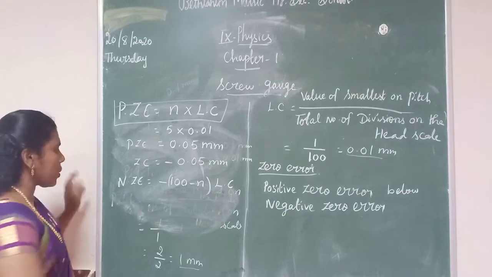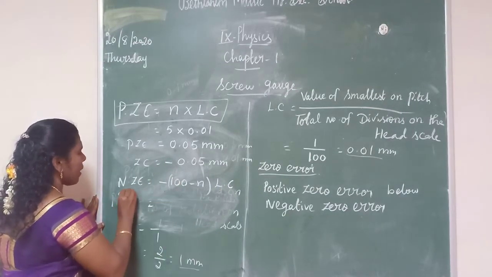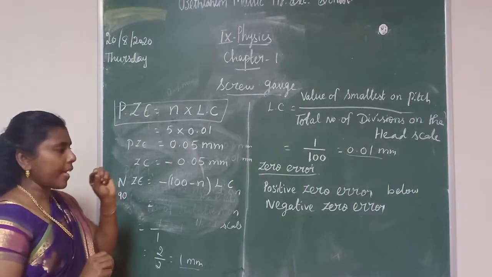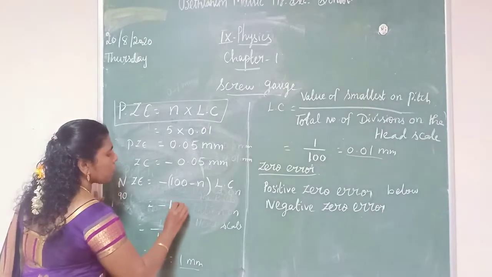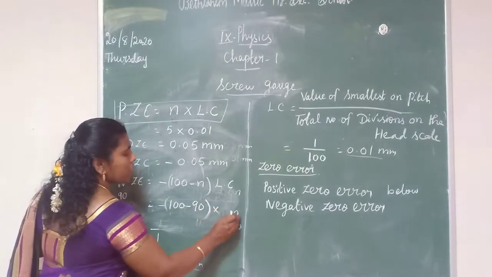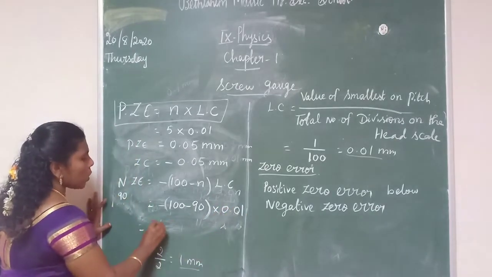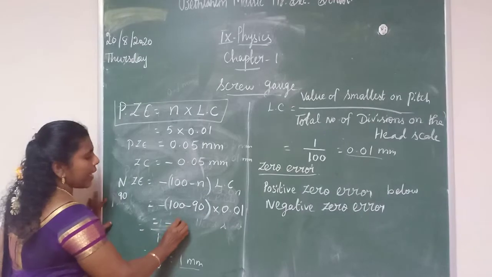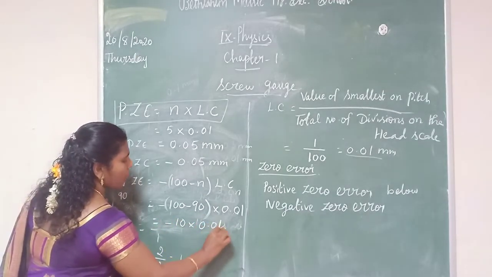LC means least count. So suppose there are 100 divisions, and 90 divisions coincide. So instead of N you have to write 90. So 100 minus 90, into the least count, 0.01. Subtracting 100 minus 90, you get 10 into 0.01.